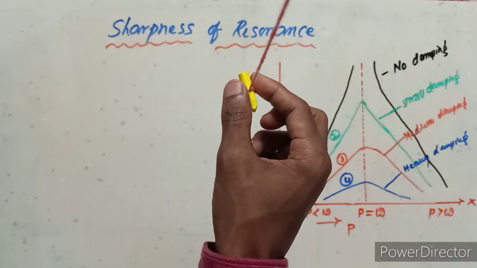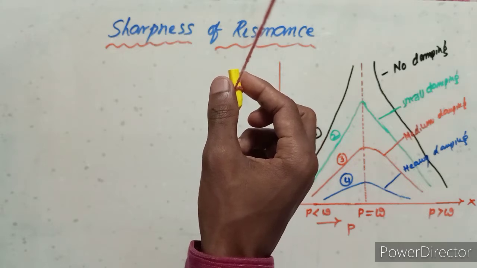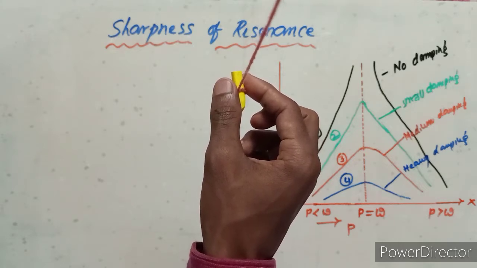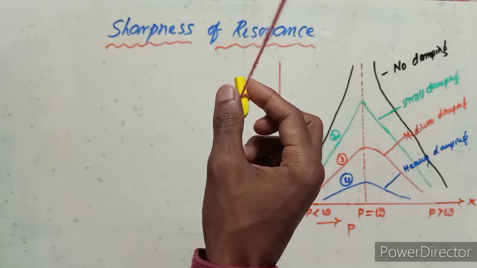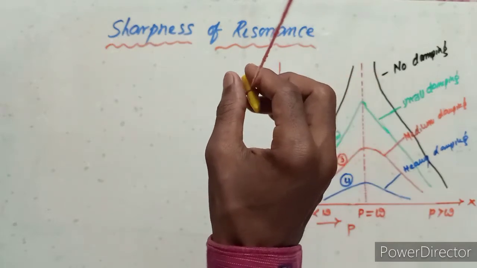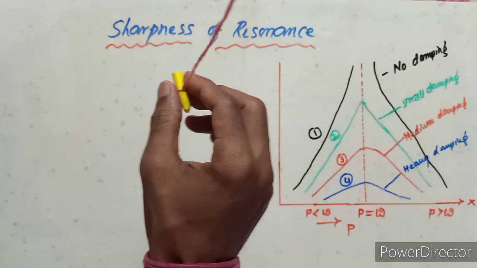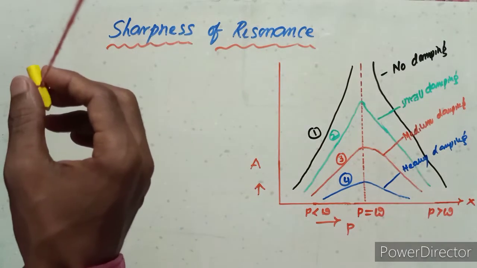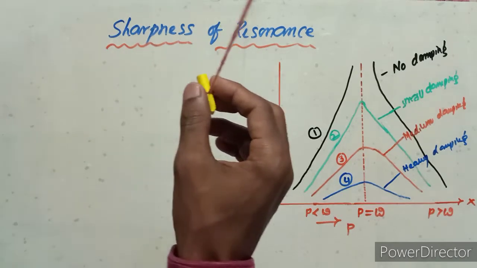So the amplitude decreased and the damping is heavy. At the mean position, the damping is heavy and the amplitude is minimum. At the maximum amplitude, there is no damping.